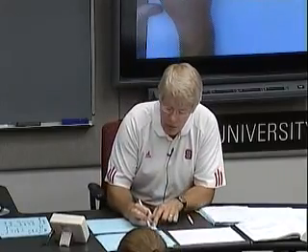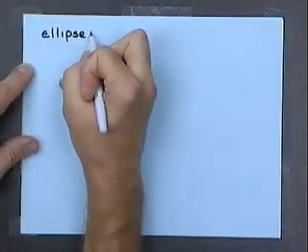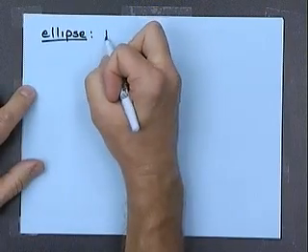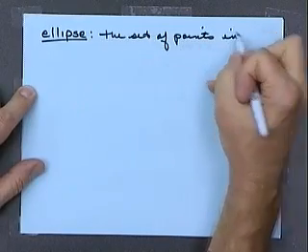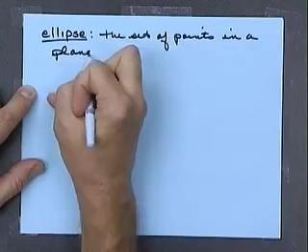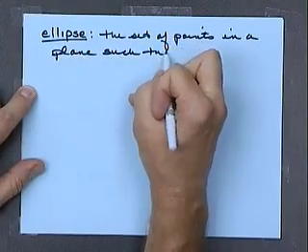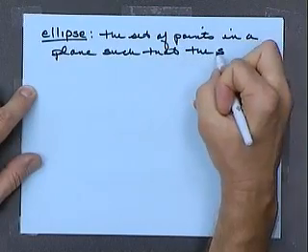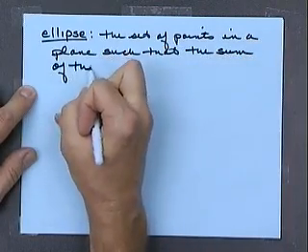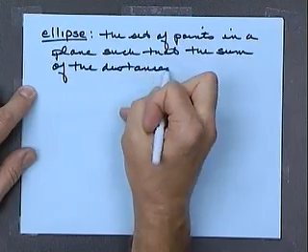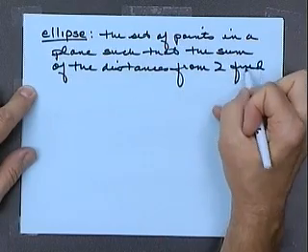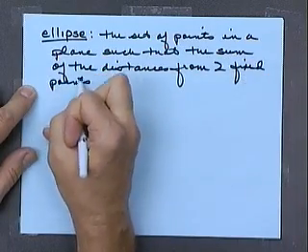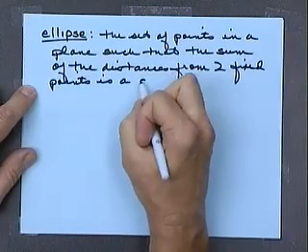Ellipse. An ellipse is a set of points in a plane such that the sum of the distances from two fixed points is a constant.